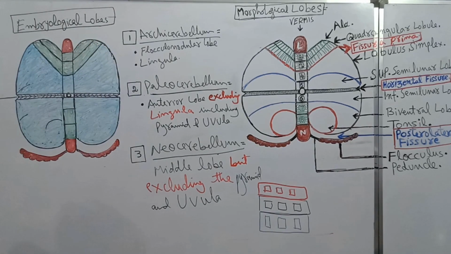Now, in the same figure, different lobes, developmental lobes, are differentiated from each other by using different colors.